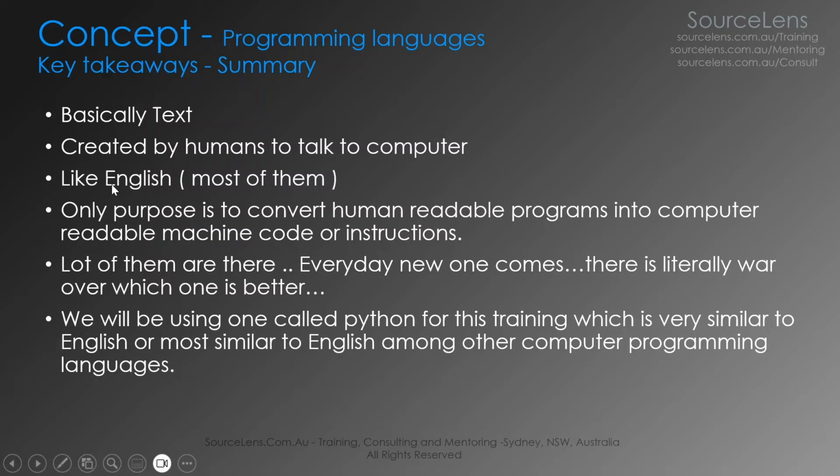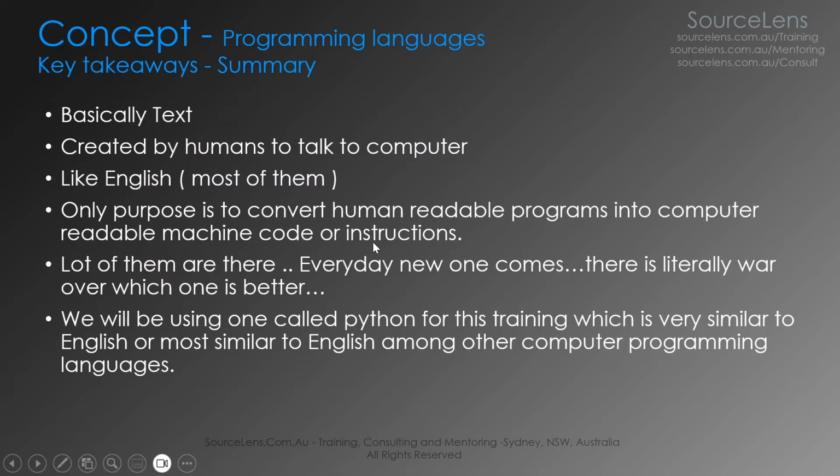It is kind of like English, although it is not really English. They have English words in them, mostly very much like English. The only purpose is to convert human readable text or programs into computer readable machine code. So that is the simple definition of a programming language.